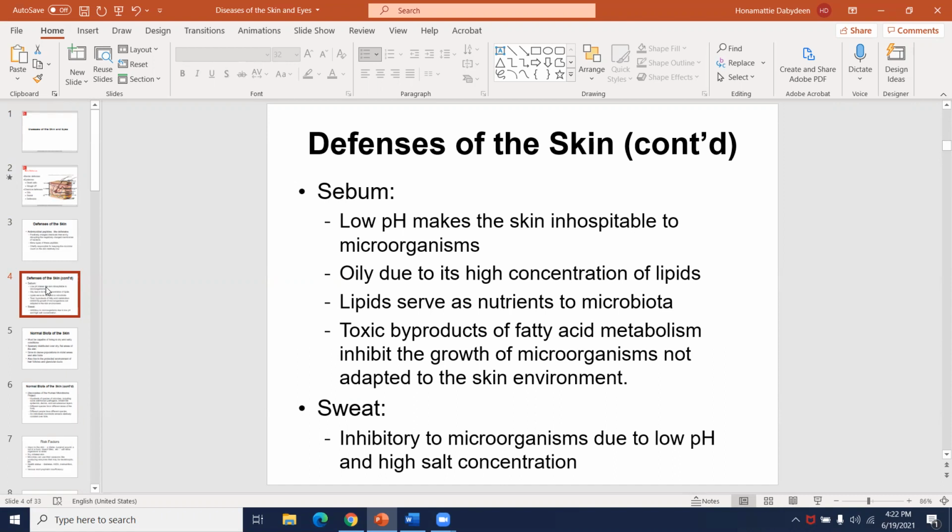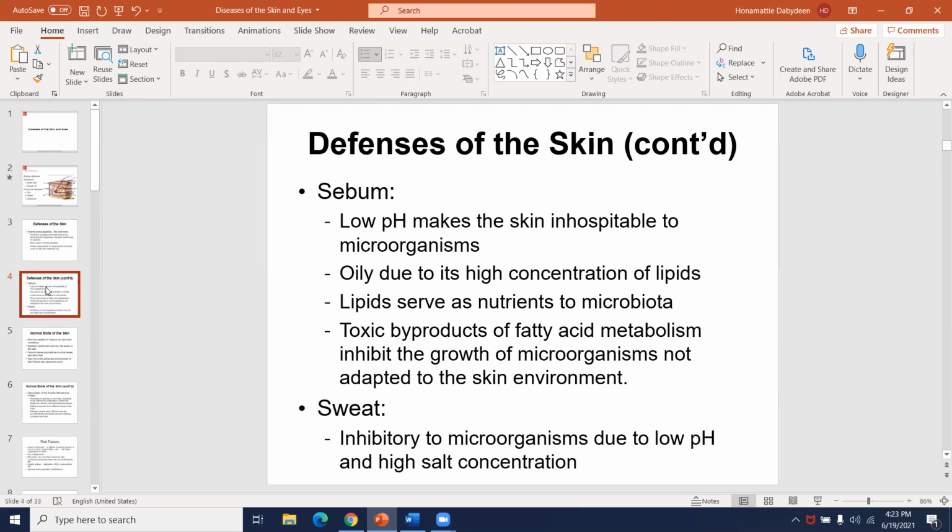And then, of course, you have sweat, also inhibitory to microorganisms because of the low pH and the very high salt concentration. So low pH, definitely a deterrent, and high salt concentration, you learned from your MS plate in the lab that only the halophiles will proliferate in high salt concentration.